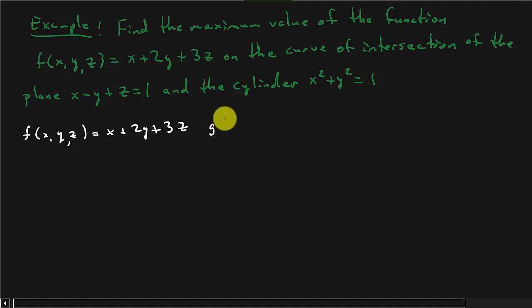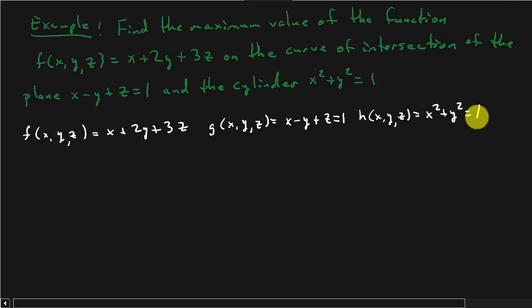And we've got g(x, y, z) = x - y + z = 1. And then we have h(x, y, z) = x squared + y squared, and that is equal to 1.